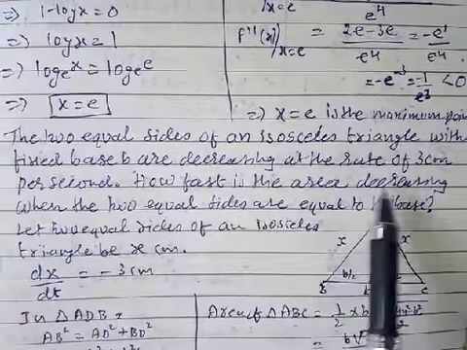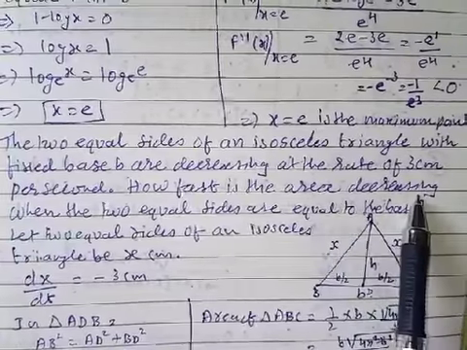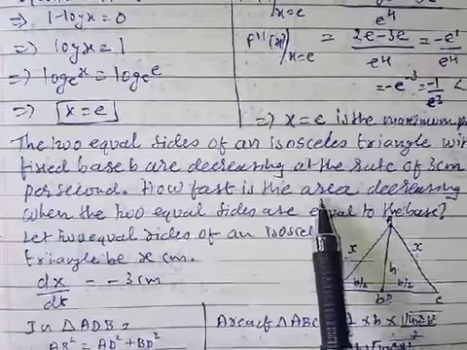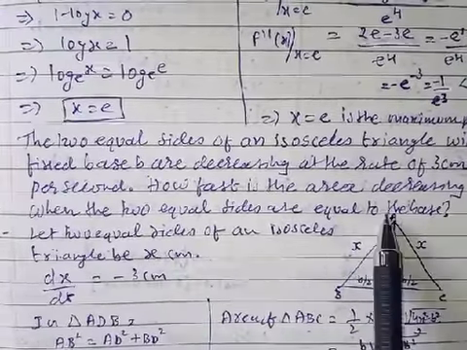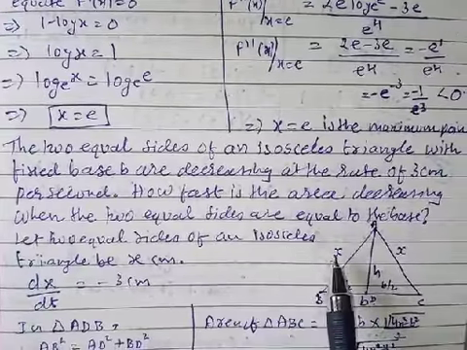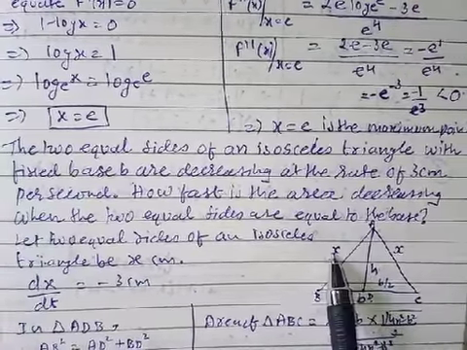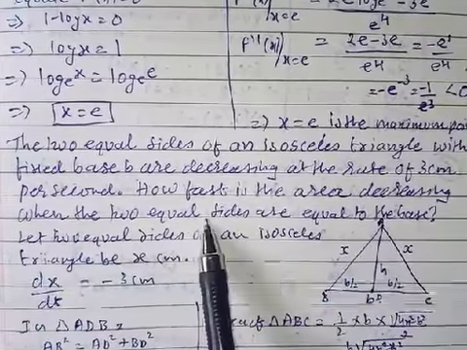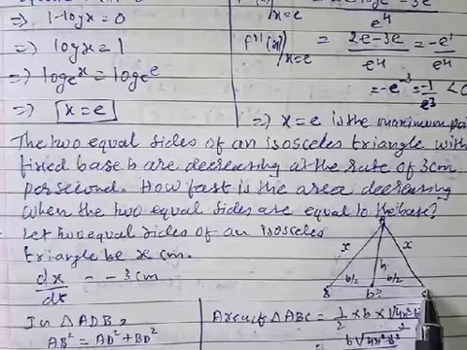How fast is the area decreasing? We have to find dA by dt, and prove that it is negative. You should get the answer dA by dt negative when the two sides are equal to the base. When the two equal sides x and x become equal to the base, it becomes an equilateral triangle.